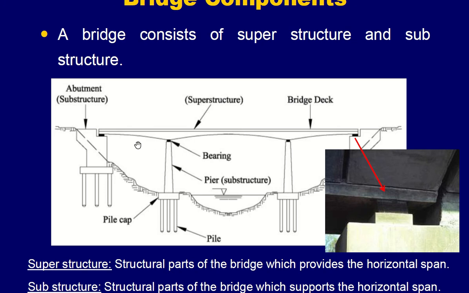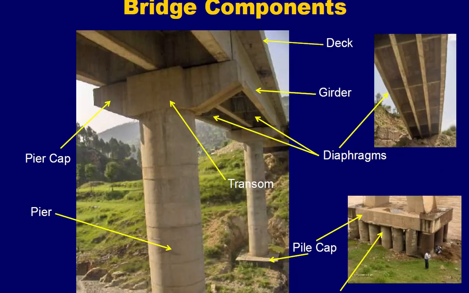And beneath these are the substructures. This is the horizontal span. This is called the superstructure. Okay. And the components that are supporting this superstructure, the piles, the pile cap, the piers, the bearings, everything, these are substructure. Okay, the abutments are substructure, and this deck and girders, these are the superstructure. So this is the main difference between substructure and superstructure components.